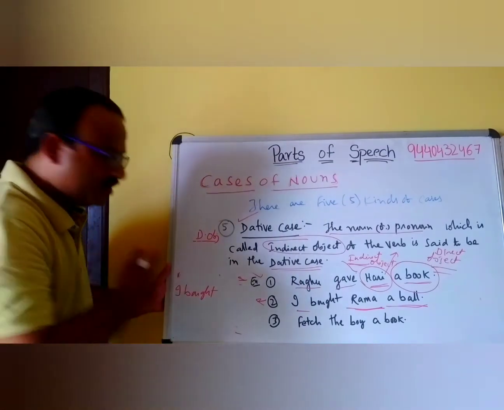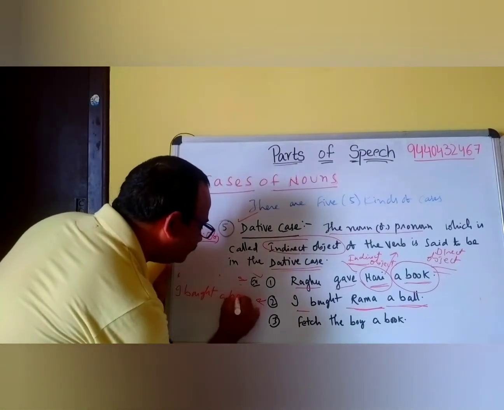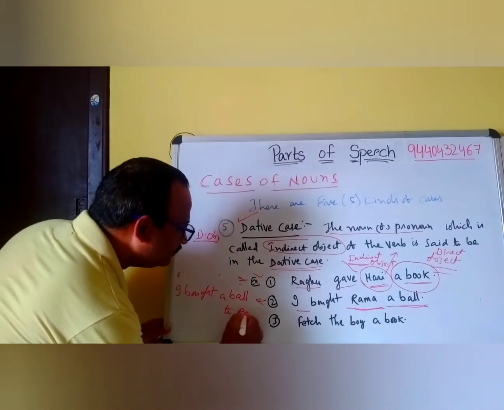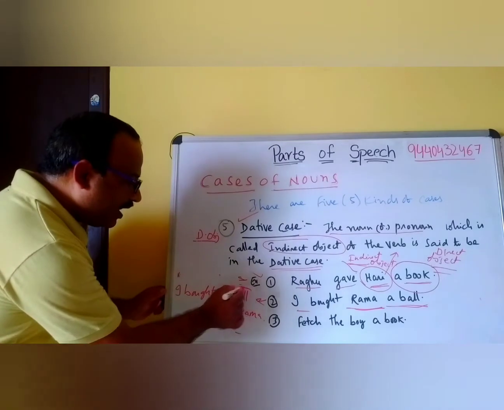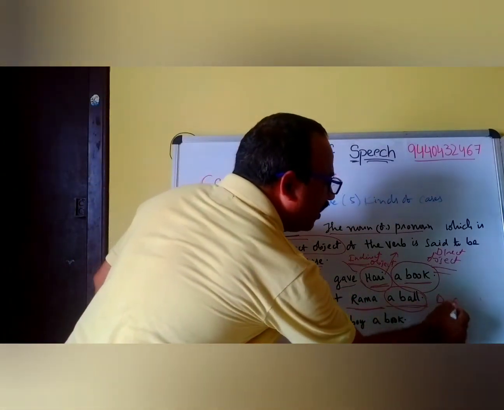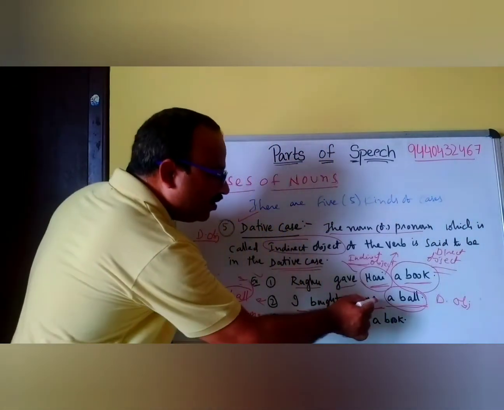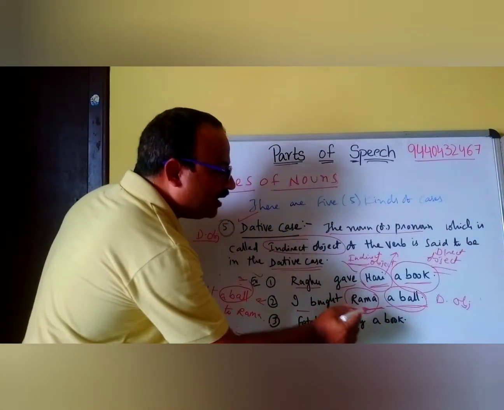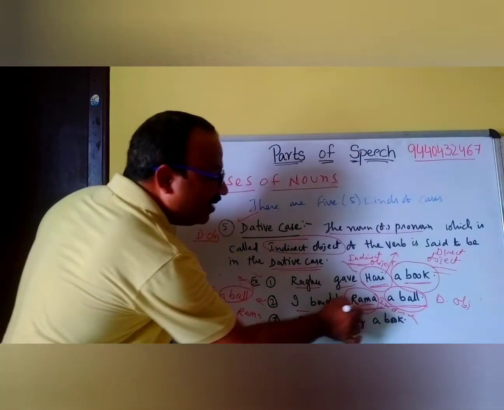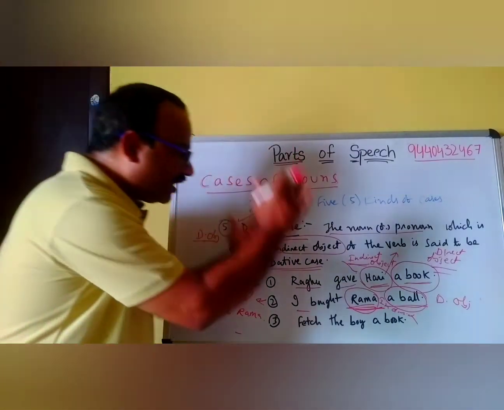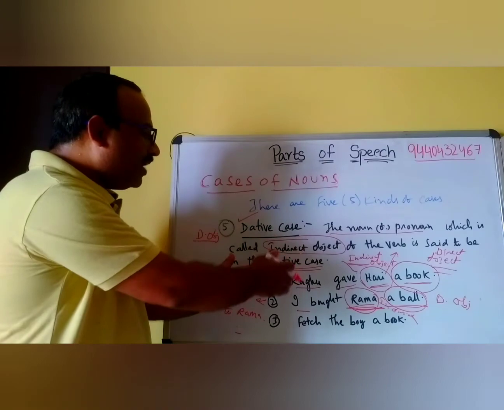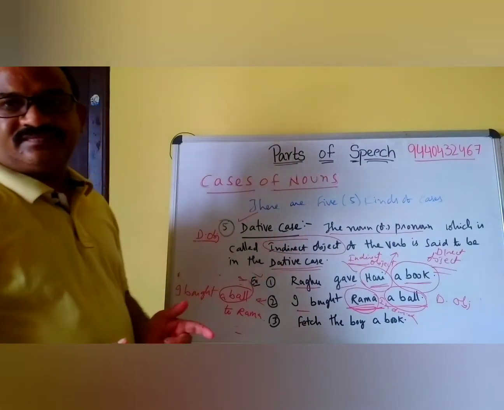A ball. To whom? To Rama. So, a ball is the direct object. To whom? Rama. This is the indirect object. Here Rama is in dative case.